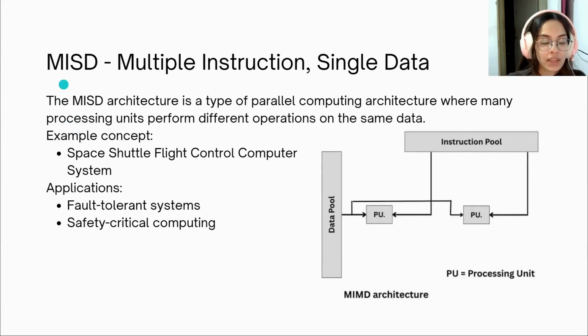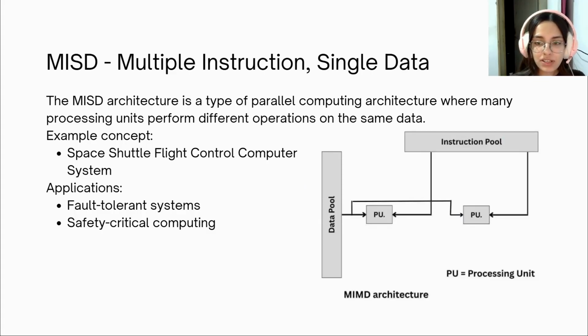So let's see the MISD, that is multiple instruction, single data. In this architecture, multiple processors execute different instructions on the same data stream, like this. This type of architecture is quite rare in practice.